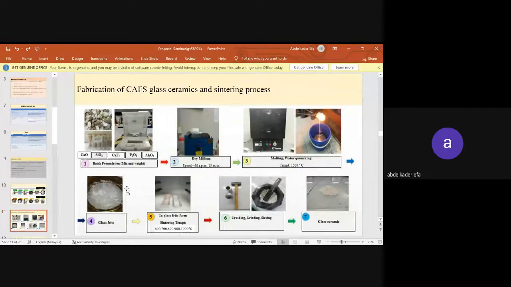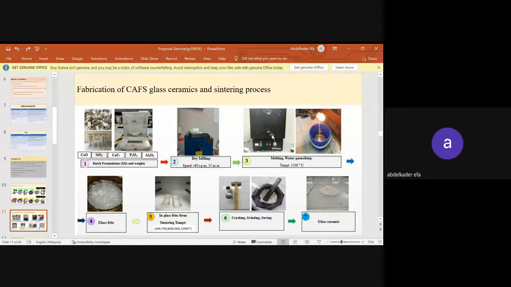To fabricate the glass, after weighing all raw material and the other compositions, the mixture will be put in the milling jar to make a homogeneous mixture. After that, we will put it in the furnace at 1500 degrees Celsius for melting for 3 hours.